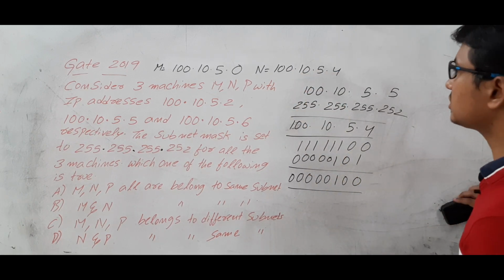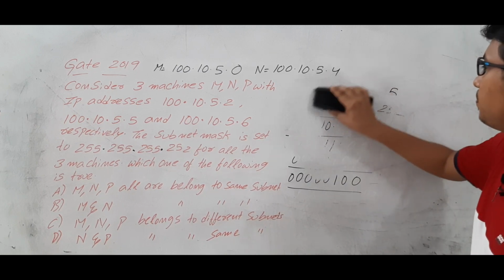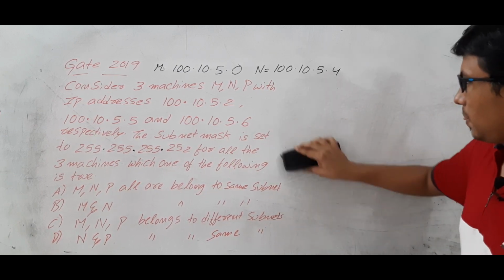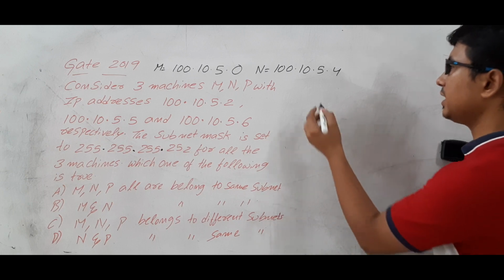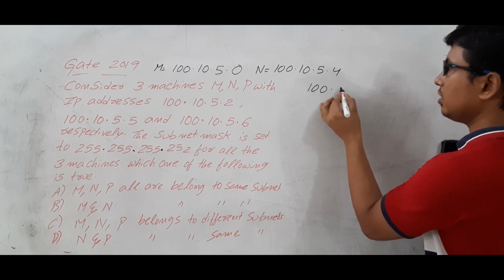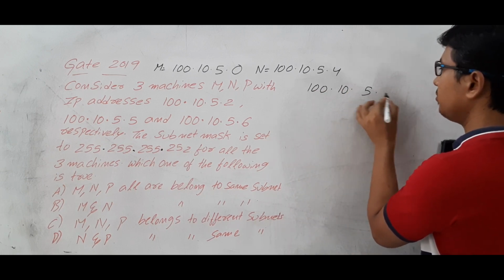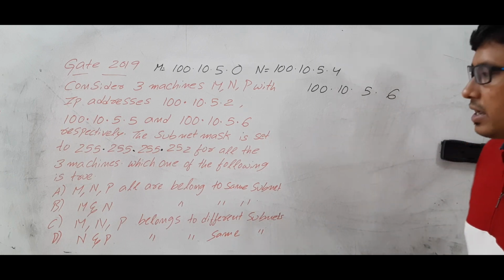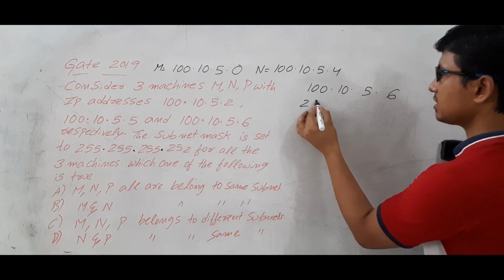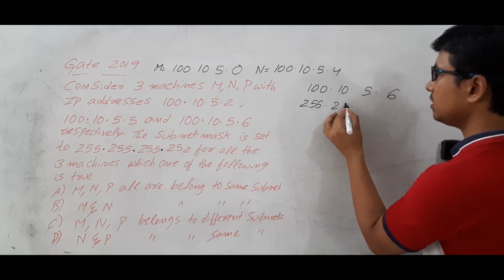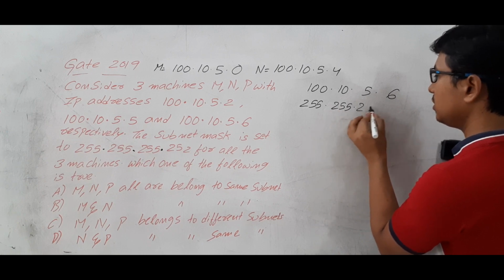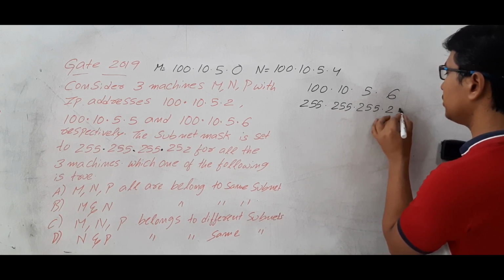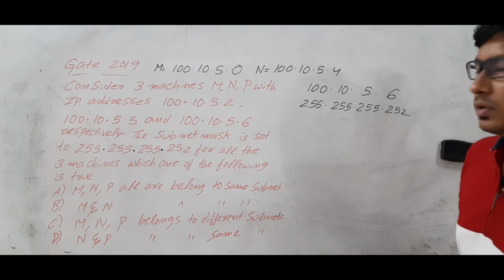Okay. Now we will check machine P. P has the IP address 100.10.5.6, and the subnet mask they have given is 255.255.255.252.